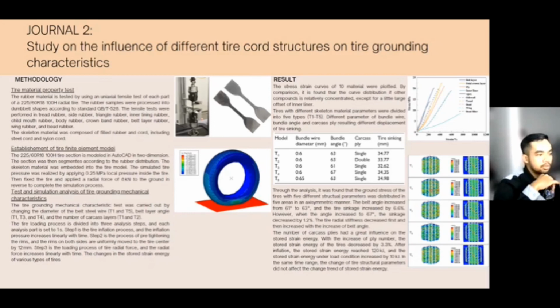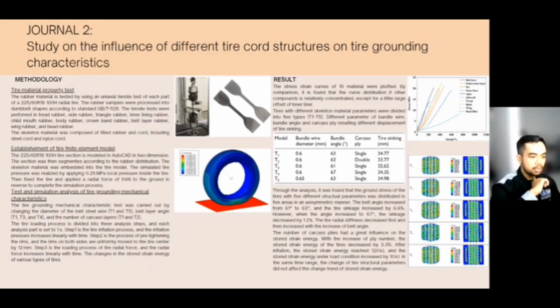So the result from the second and third methodology is that through that analysis they found that the ground stress of the tire with 5 structural parameters was distributed in 5 areas in an asymmetric manner. The belt angle increased from 61 to 63 degrees and the tire sinkage increased by 6.6%. However, when the angle increased to 67 degrees, the sinkage decreased by 1.2%.